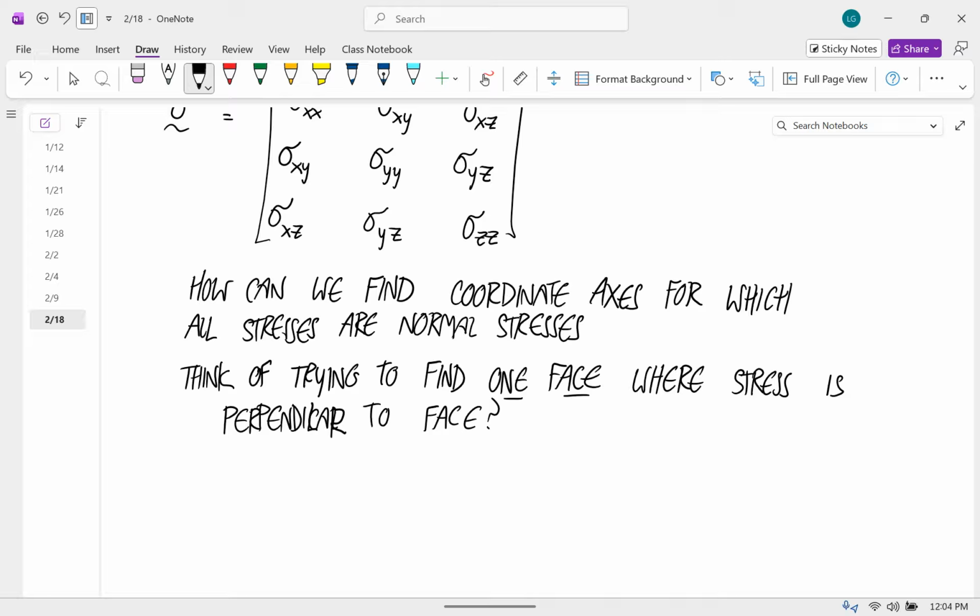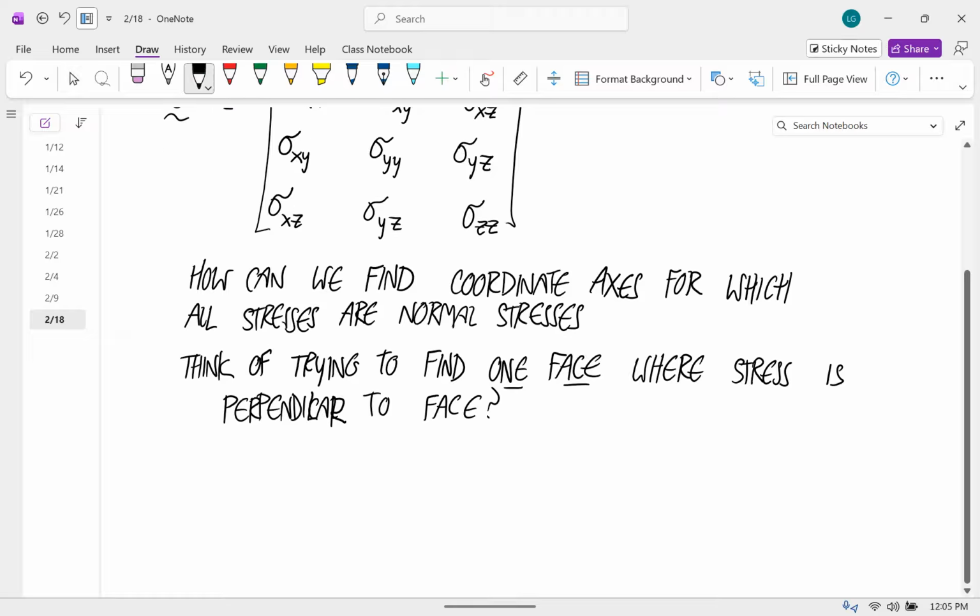So what have we done that lets you answer a question like this? What you multiply it by a normal vector, 1, 0, 0. Yeah, except that we don't know that it's going to be one of our coordinate axes.